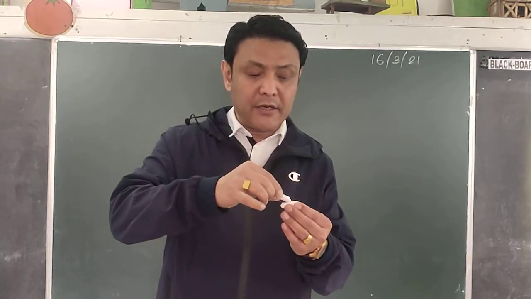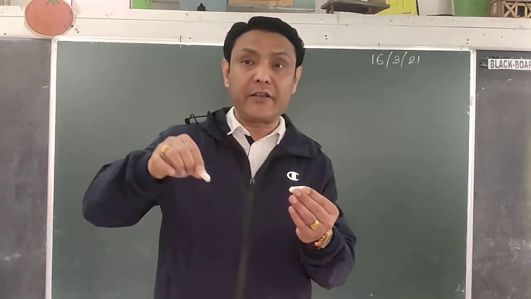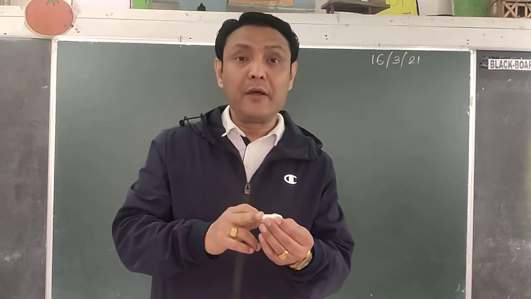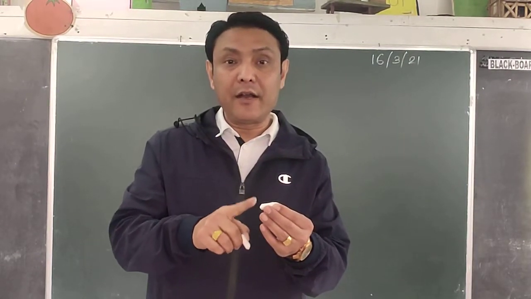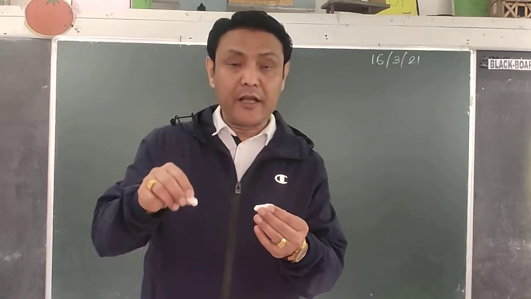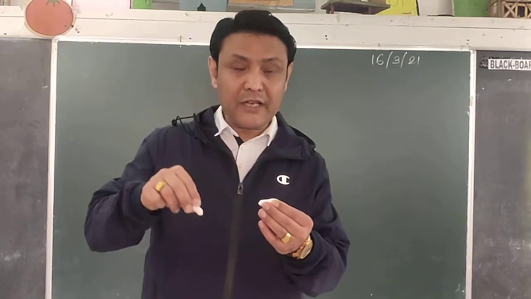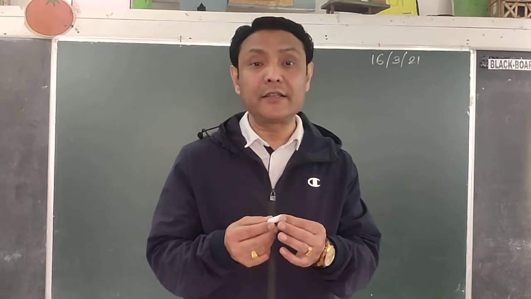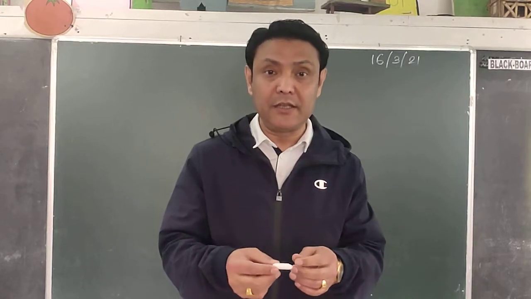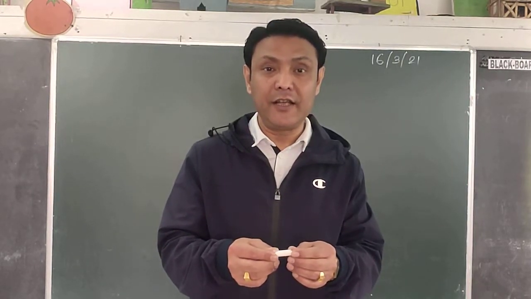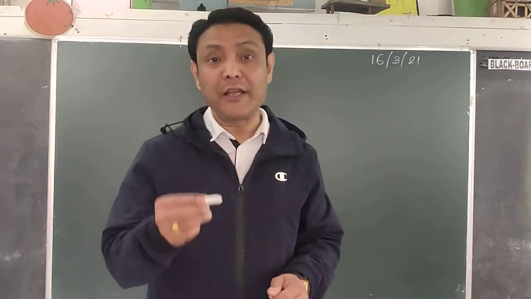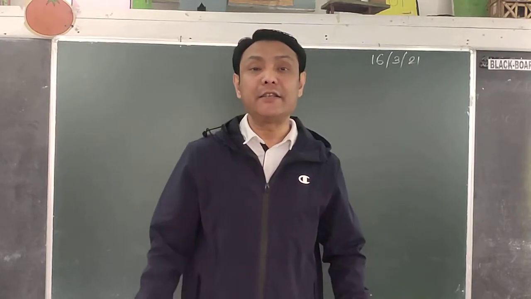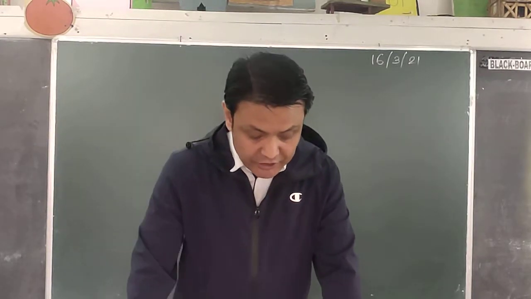You rub it from one end in one direction, this way, and this piece of iron, after several repetitions, becomes a magnet. So this magnetizing of iron is also a physical change because it is a temporary change. Okay, and no new substance is formed. The chemical property of iron will remain the same. So therefore, magnetizing of iron is a physical change.